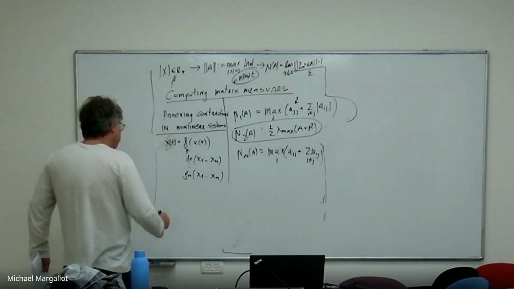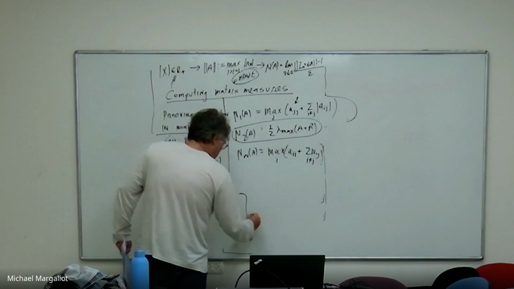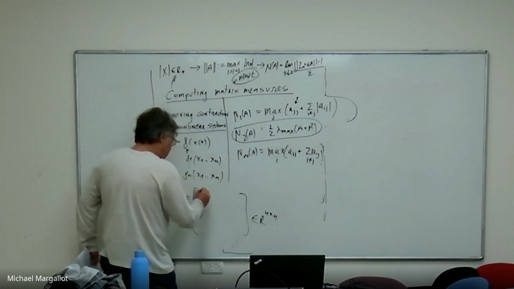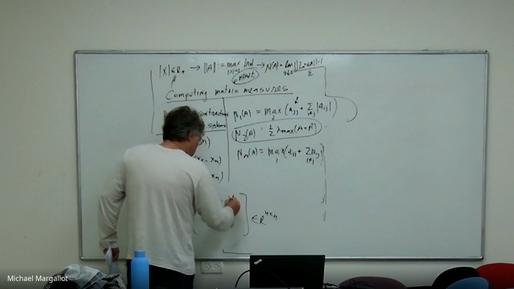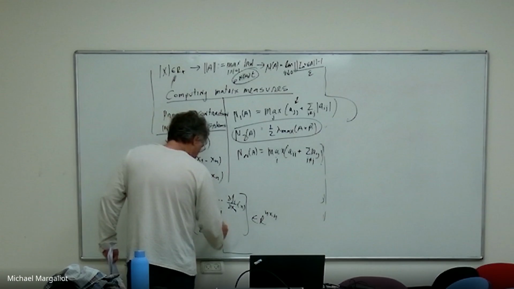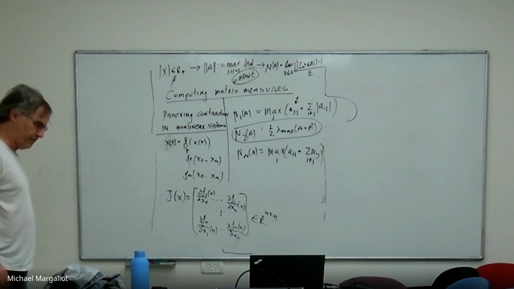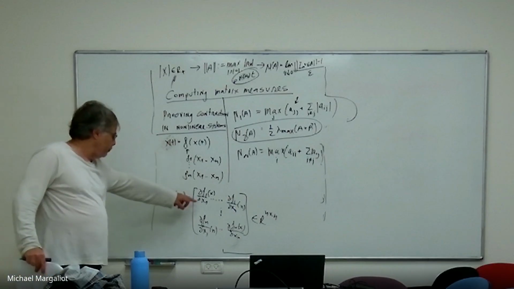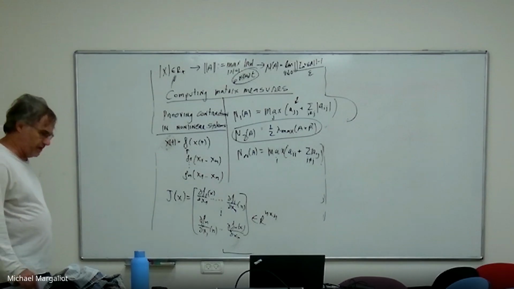And the key point here is something called the Jacobian. The Jacobian is an n by n matrix where we take df1 to dx1, up to df1 to dxn, down to dfn to dx1, up to dfn dxn. So we take each entry of the vector field and differentiate each one with respect to every one of the state variables.